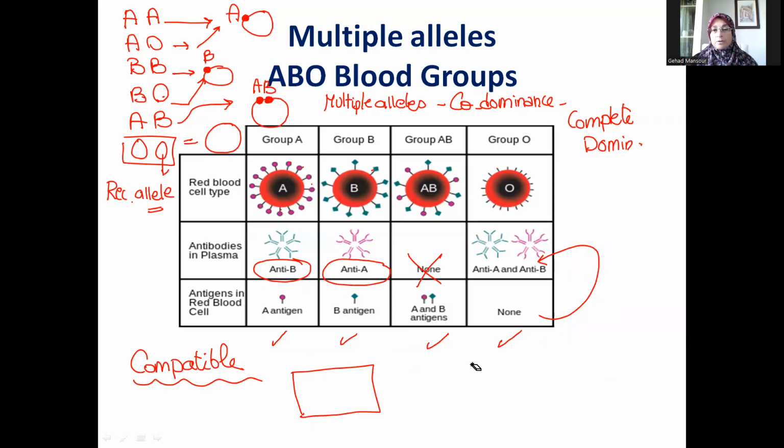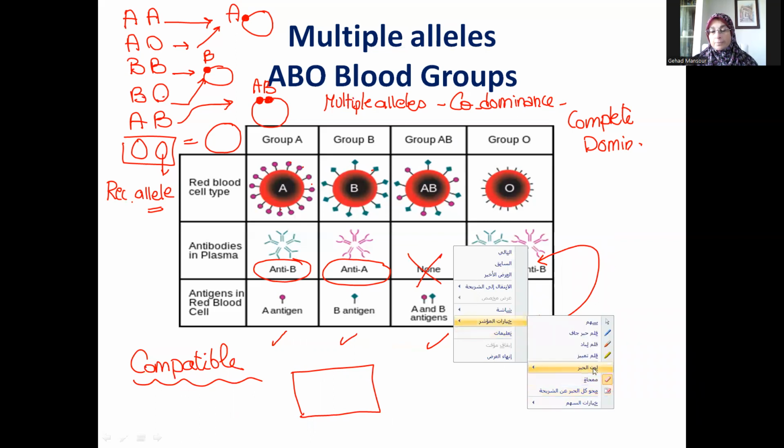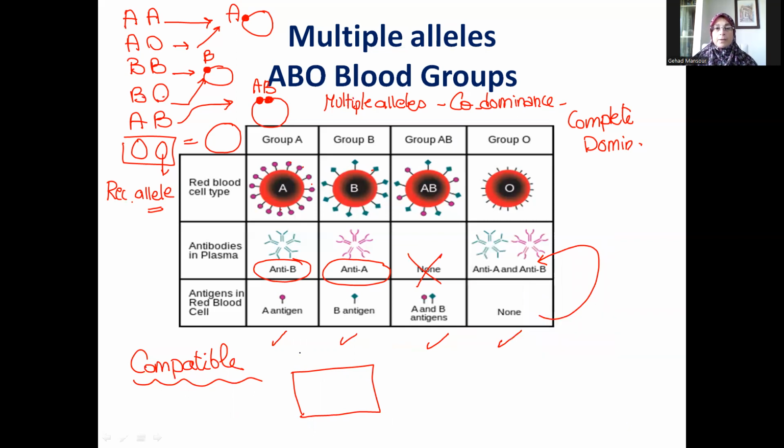Why? Because the recipient plasma has antibodies, of course, or does not. But if it has antibodies, it is very important that we focus on the antibodies in the recipient plasma and the antigens on the donor RBC.